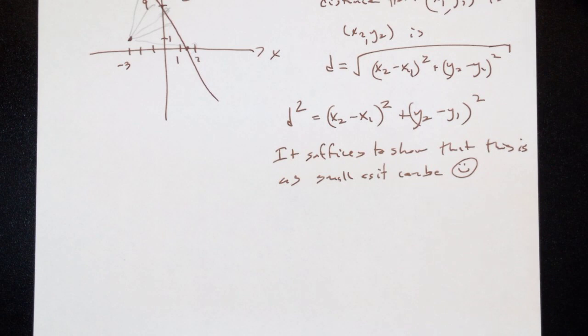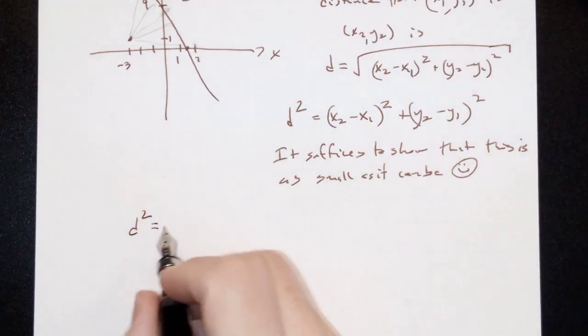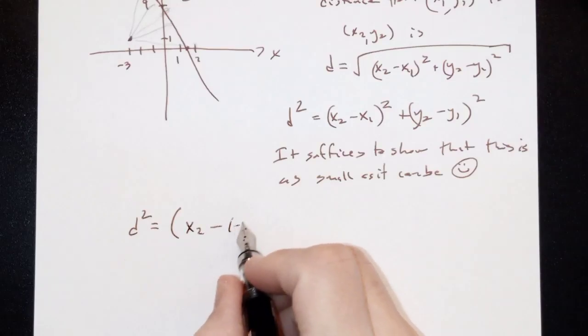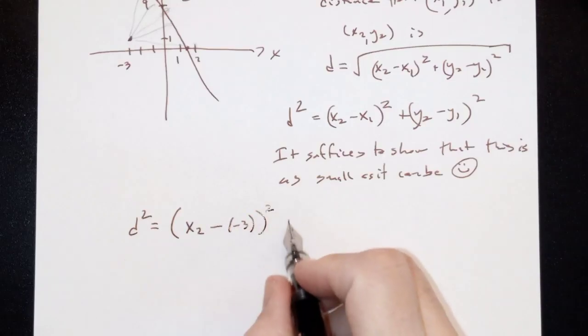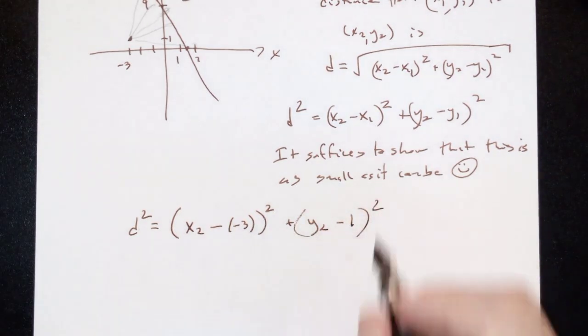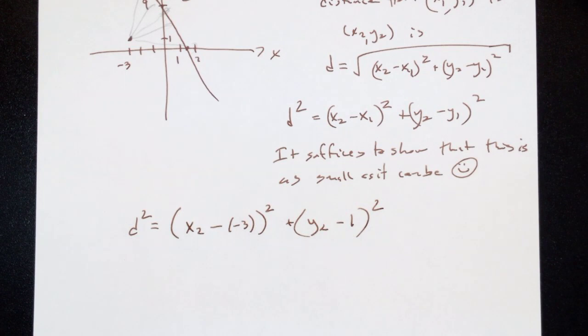If I plug in the point, I get this. But that's still a function of 2 variables, and that makes me unhappy. How do I fix that?